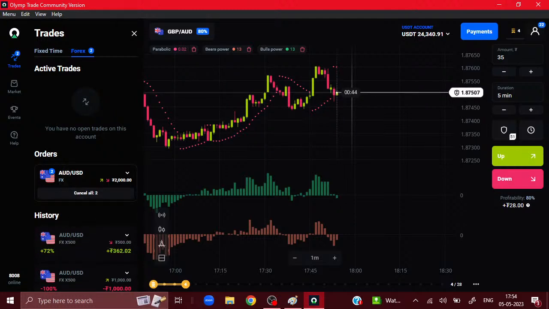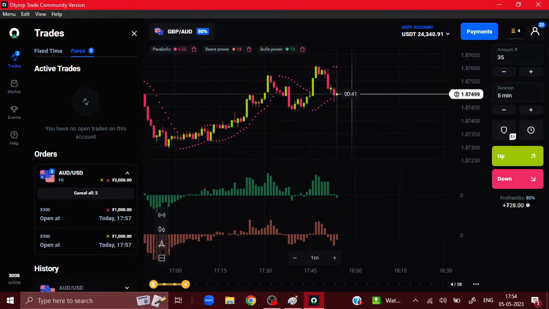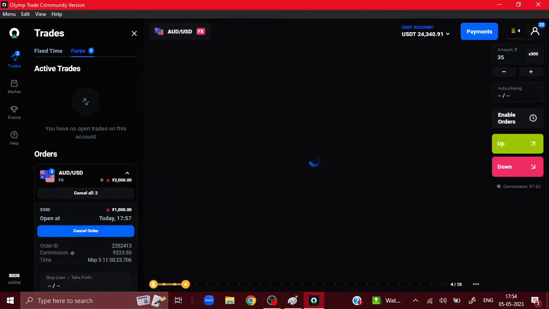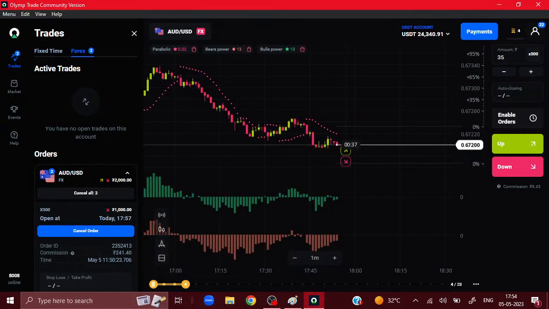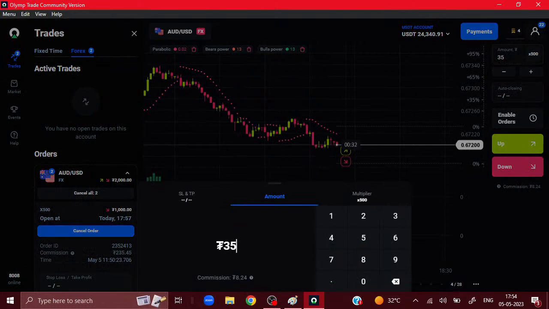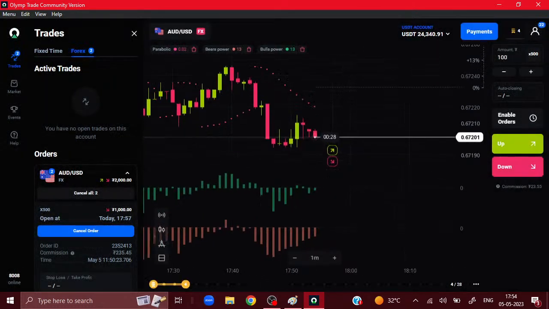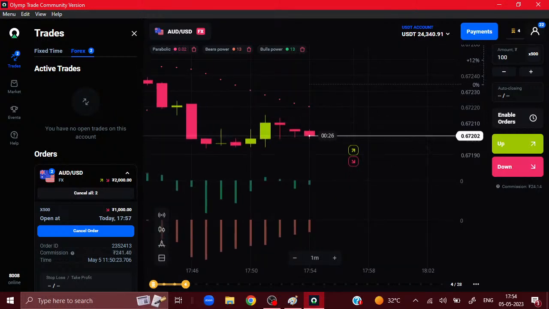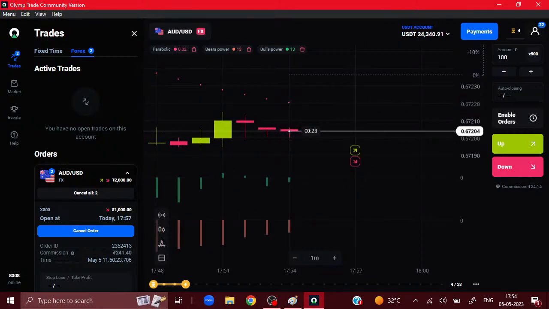Like here in AUD USD, I have made two positions, one upward and one downward. So 3 minutes before the data is released, my trades will be activated in both directions. Whichever side we get the movement, we will be in a profitable situation.